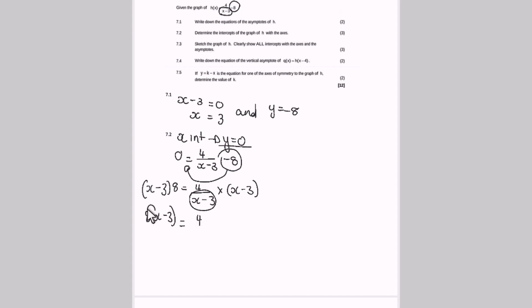Then we're going to multiply in the 8, which will leave us with 8x - 24 = 4. We're going to bring over the -24 over the equal sign and have 8x = 24 + 4, which is 28. We will divide on both sides by 8 and have x = 7/2.